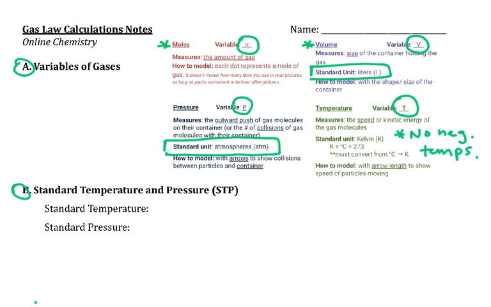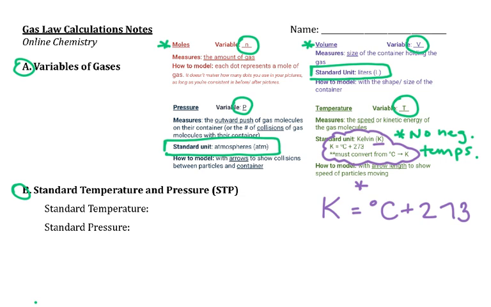And so in order to convert from degrees Celsius, which is our normal temperature we see in science, to Kelvin, we can use the relationship that Kelvin is going to equal degrees Celsius plus 273. So that's something we're going to need to know now that we're doing calculation problems: any temperature given to us in degrees Celsius, we need to convert to Kelvin.